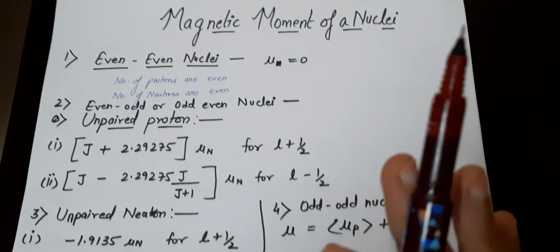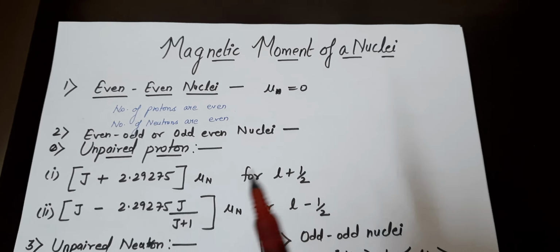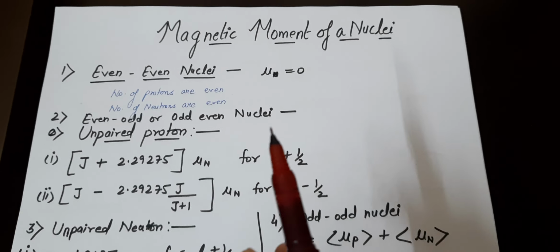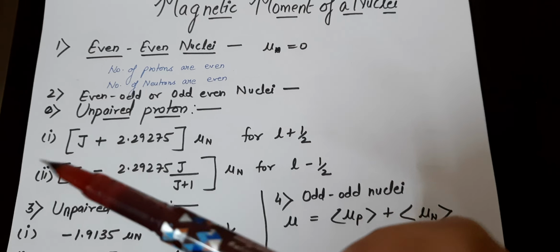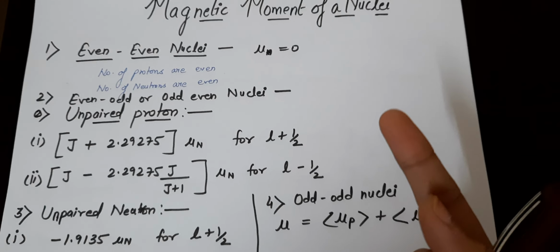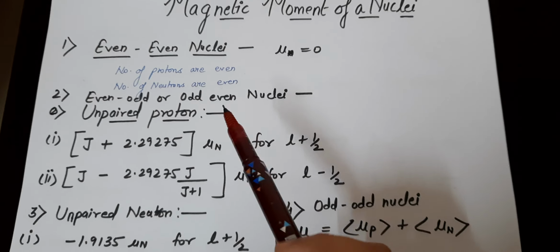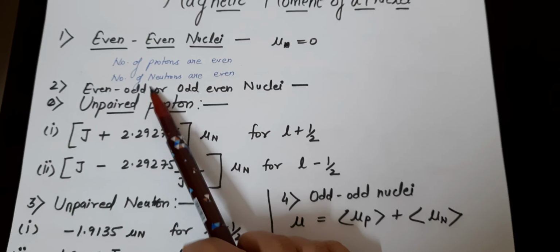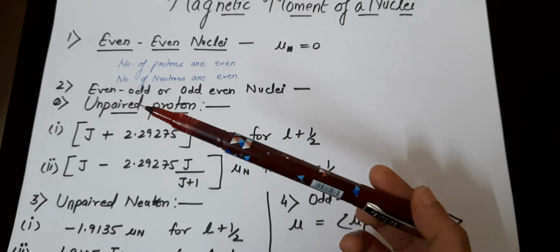For calculation of the magnetic moment of a nucleus, there are three cases. Either our nucleus contains an even number of protons and an even number of neutrons. In that case, we can say it is an even-even nucleus.